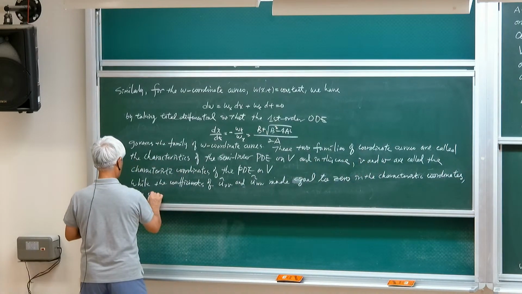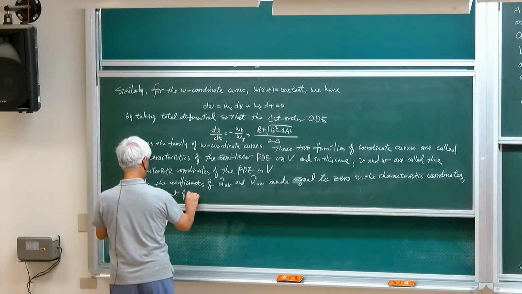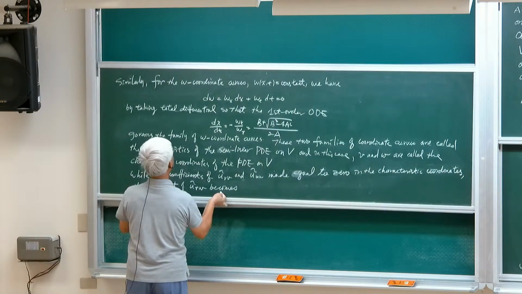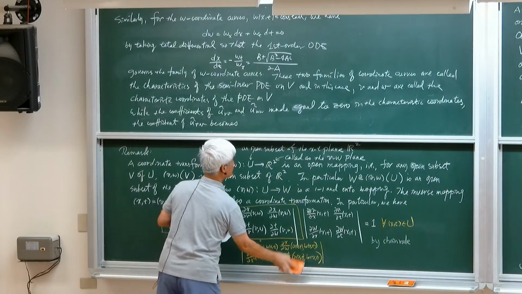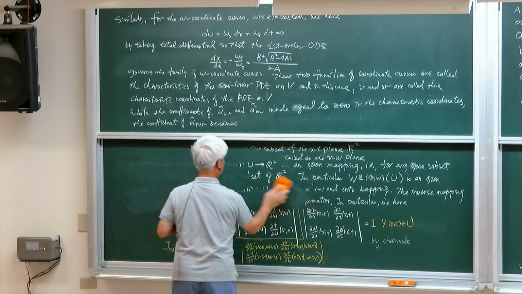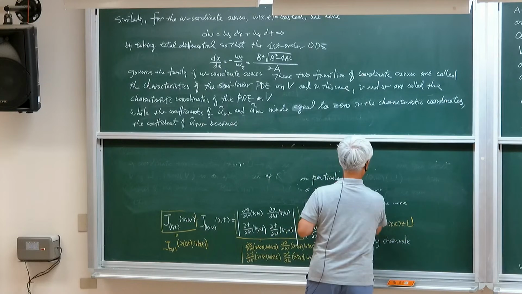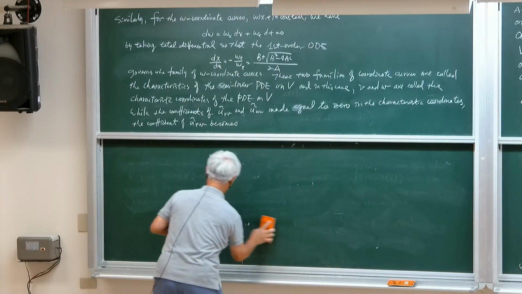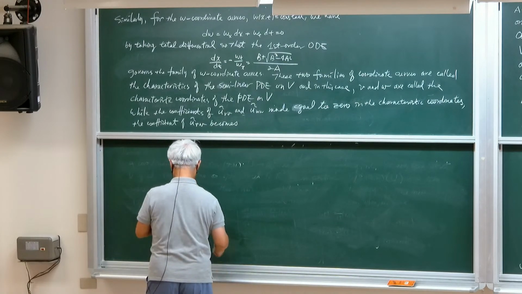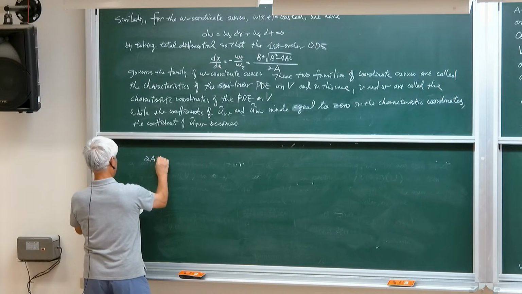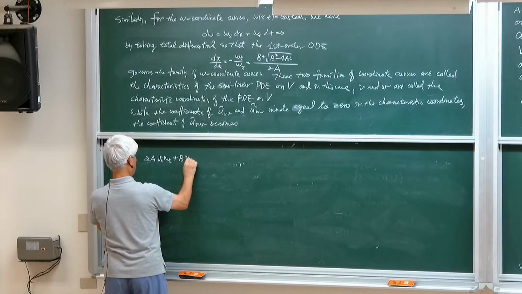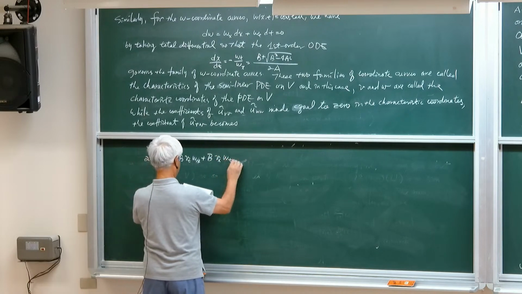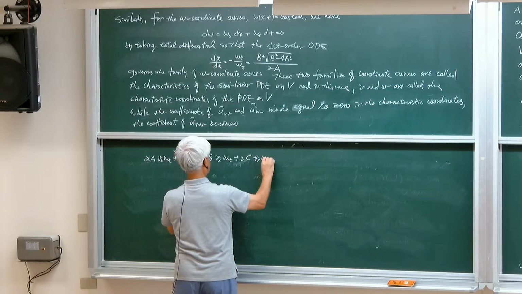Now the coefficient of the mixed second order partial derivative term becomes 2a Vt Wt plus b (Vt Wx plus Vx Wt) plus 2c Vx Wx.